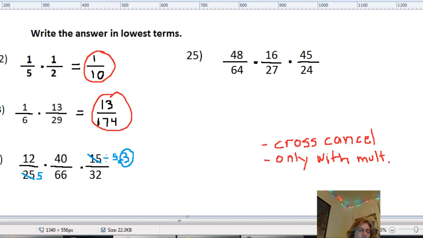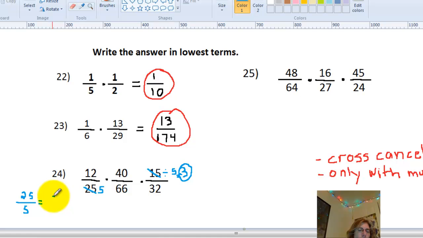25 divided by 5 equals 5. So that's changed to a 3, that's changed to a 5.